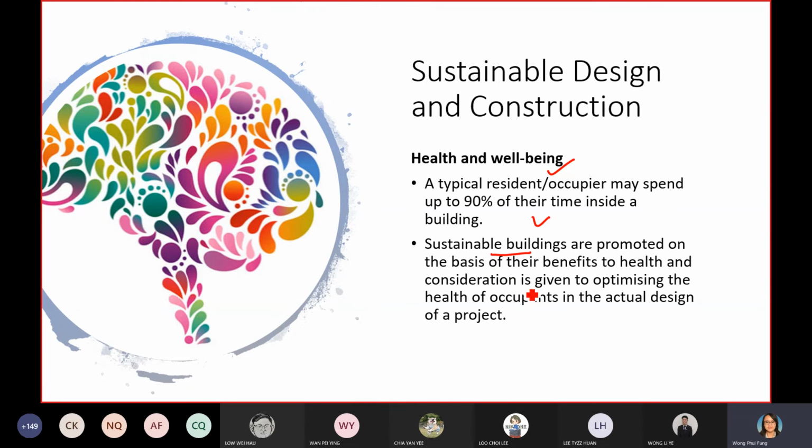So sustainable buildings are promoted on the basis of their benefit to health, and consideration is given to optimizing the health of the occupants. If the building is not healthy, we are not healthy. When we are not healthy, it will affect our quality of life and we will start to fall sick. We will start to be not comfortable at all. That is an effect. That's why maintaining a good, comfortable indoor environment is very important.